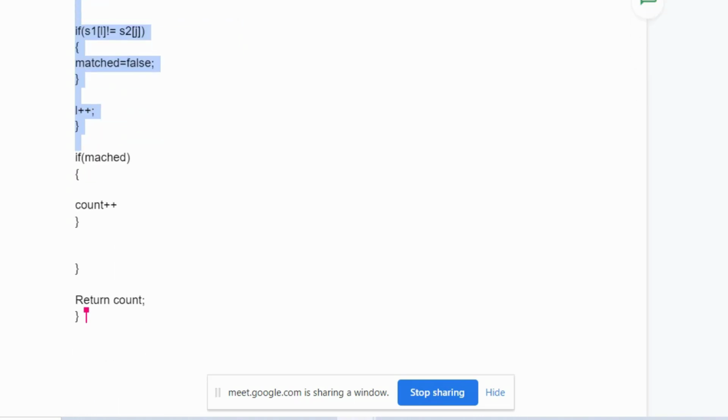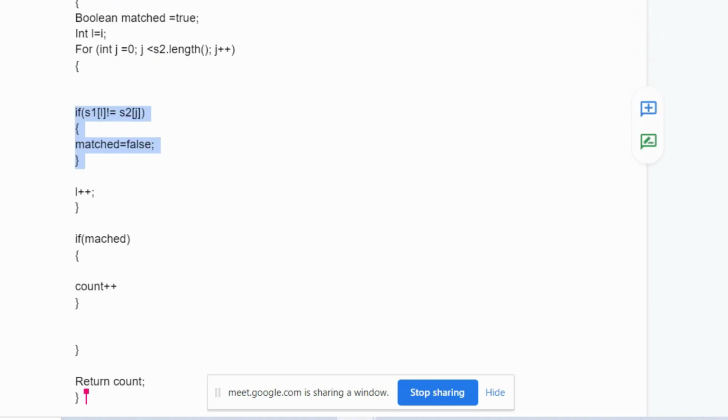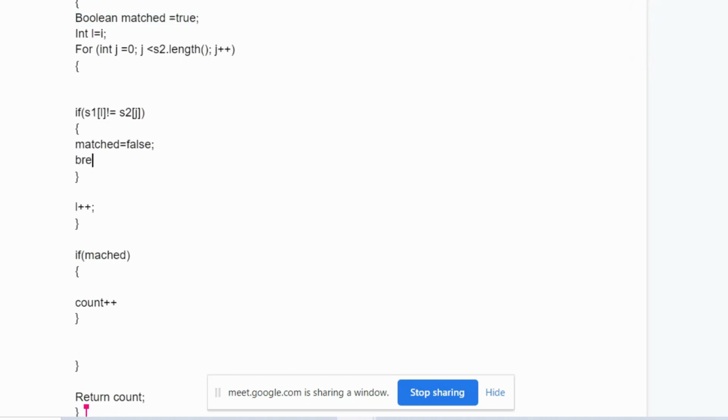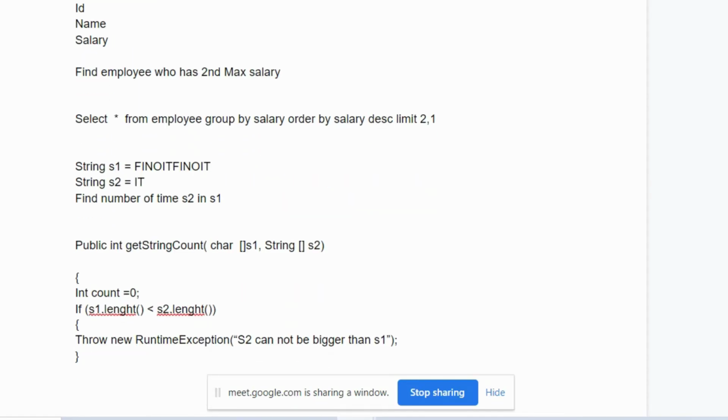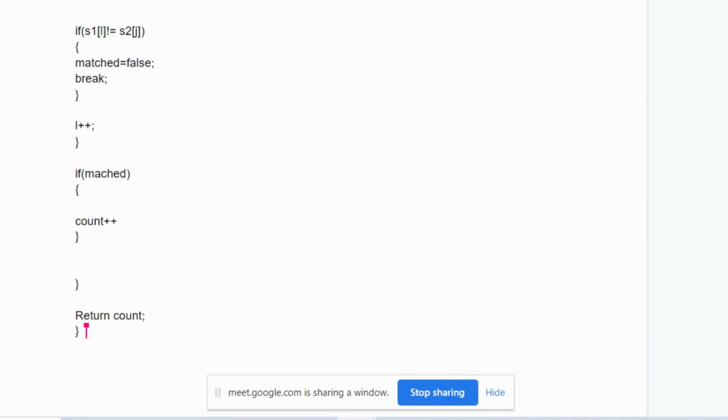If all the elements are matched, only then it would remain true. If any one of the elements fails, it would be a fail, and I'm adding the break, so it would break and try for the next, starting from the next element of S1. That process will keep on continuing. There would be only two places in this string where it will match, and then that will work. Okay, cool.